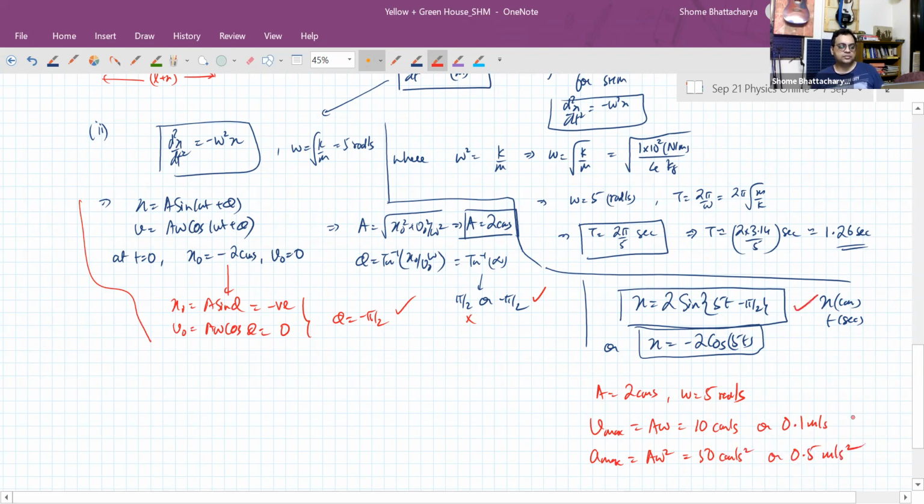So again, x as a function of time, maximum speed, maximum acceleration, amplitude, everything is solved this way.